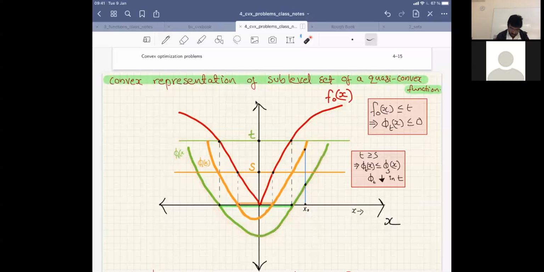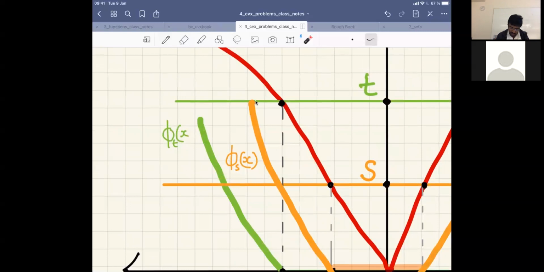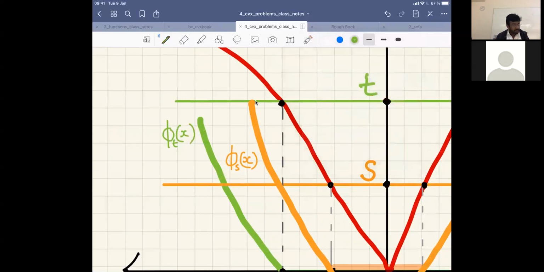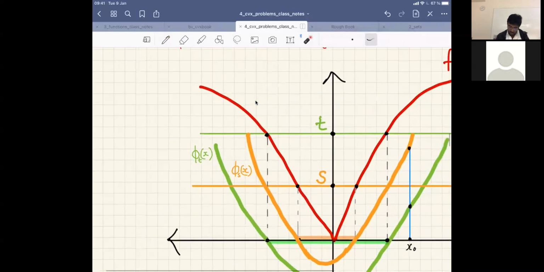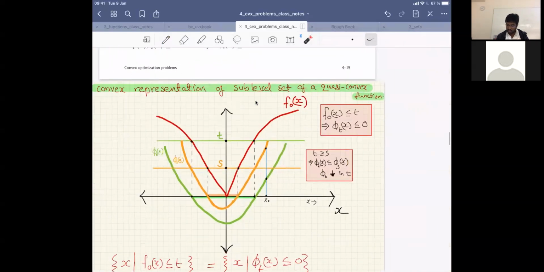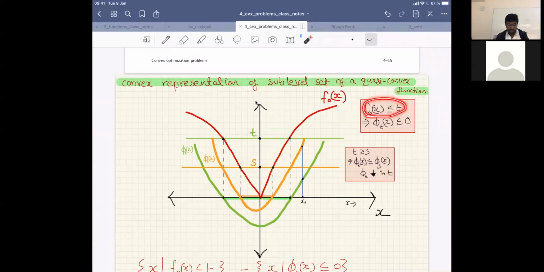This is indexed by t. Corresponding to t, I have phi_t(x). Its zeroth sublevel set will be the same as the t-th sublevel set of this function. So we can write that f0(x) is less than or equal to t implies phi_t(x) is less than or equal to 0.